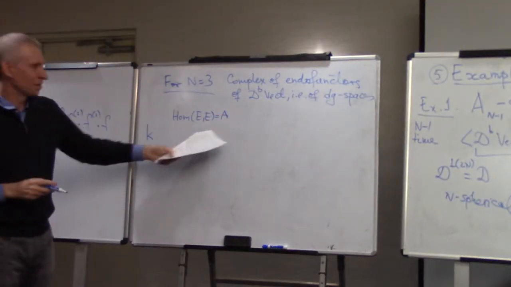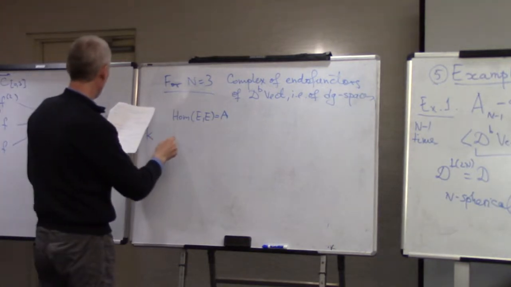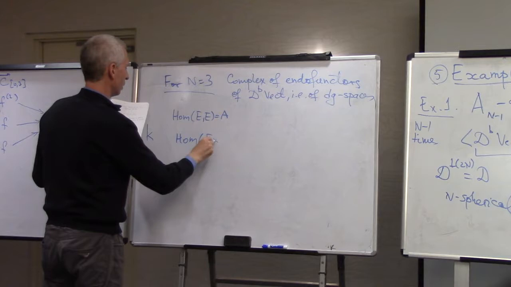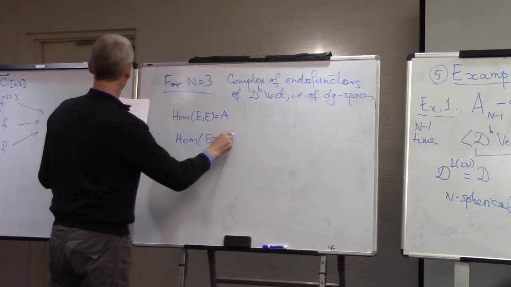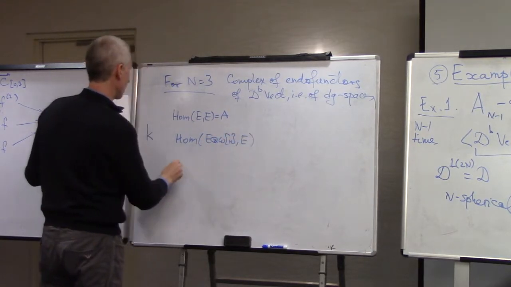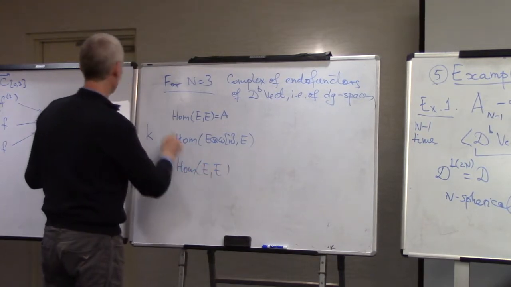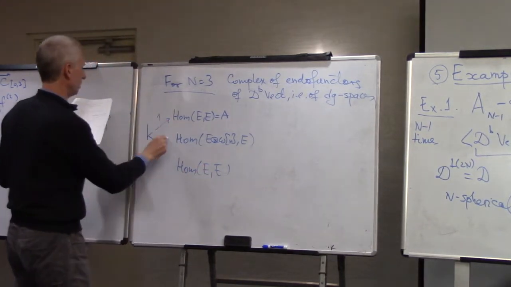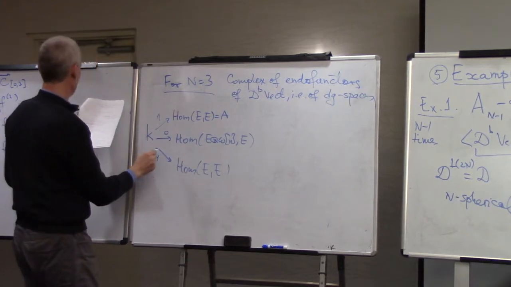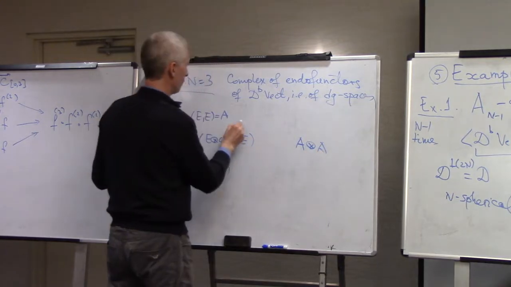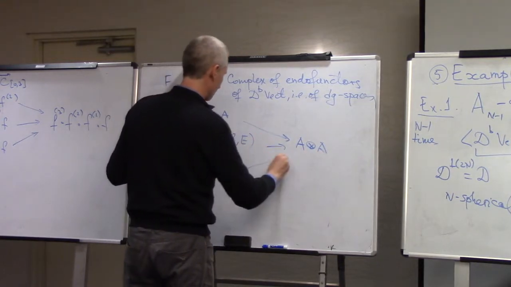This actually refers to the equation. That would be Hom from E tensor omega_X[n] to E, and again Hom from E to E, in degrees 1, 0, 1, and this would be A tensor A. So A would be this algebra of endomorphisms of an n-spherical object.